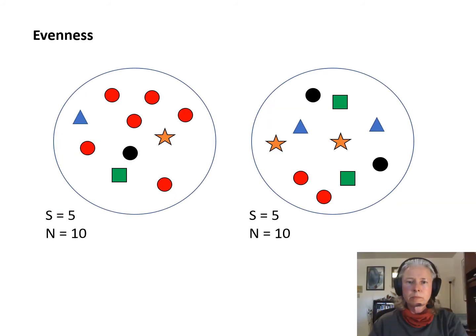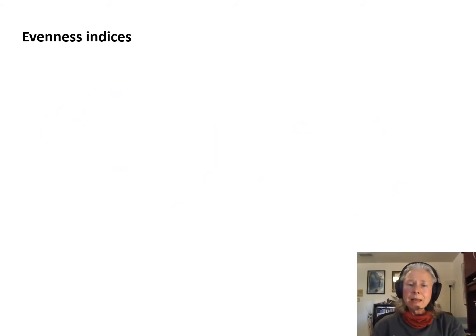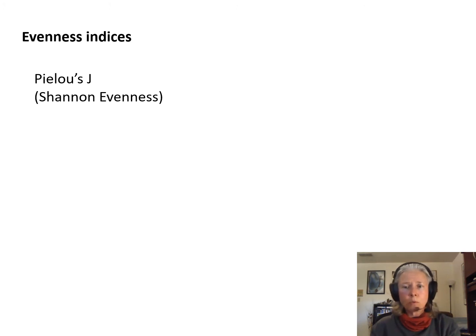And so now let's turn our attention to evenness. As we noted earlier, these two communities have the same richness and the same total number of individuals, and yet they differ greatly in their evenness. And just like for richness and for diversity, there are multiple evenness indices as well. I don't cover very many of them, in part because Pielou's J, which is also called the Shannon Evenness Index, is so widely used.